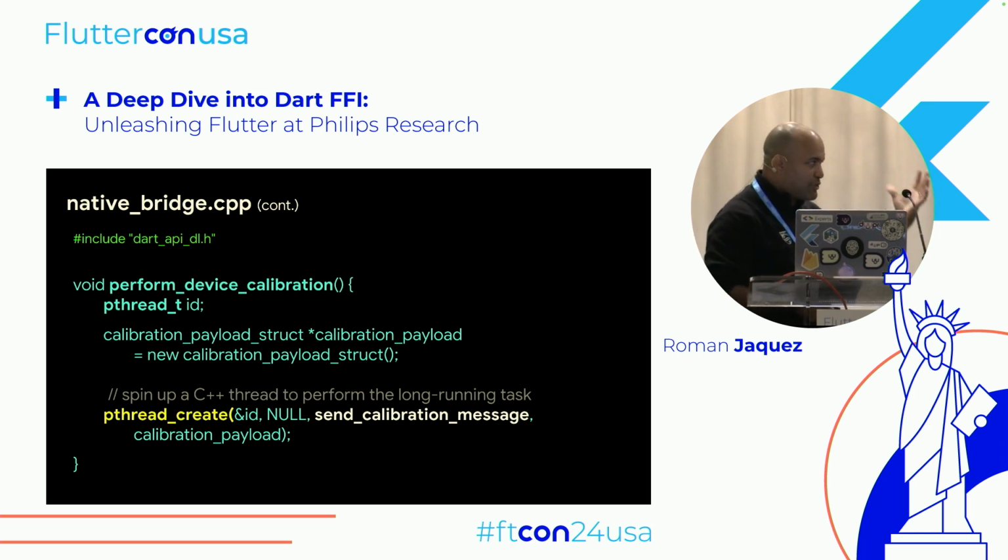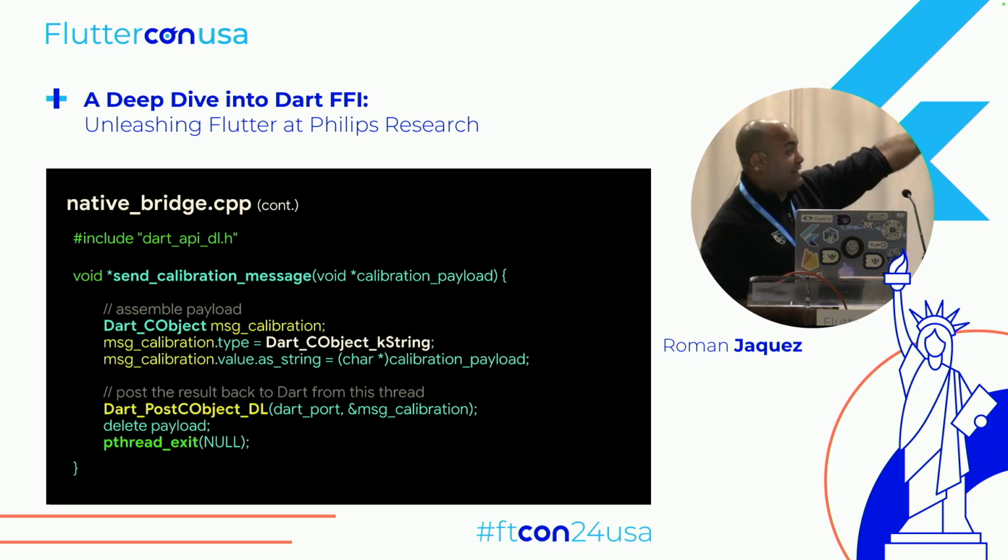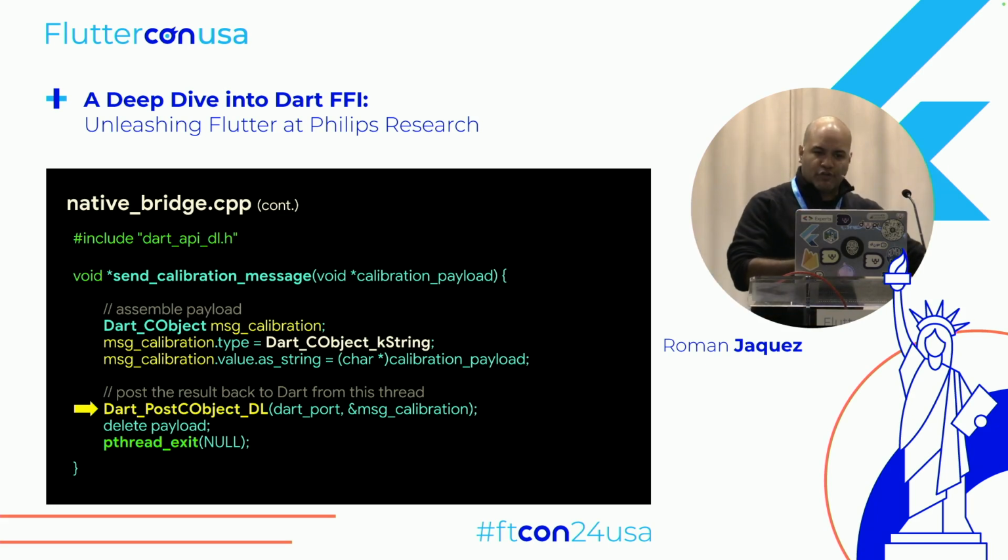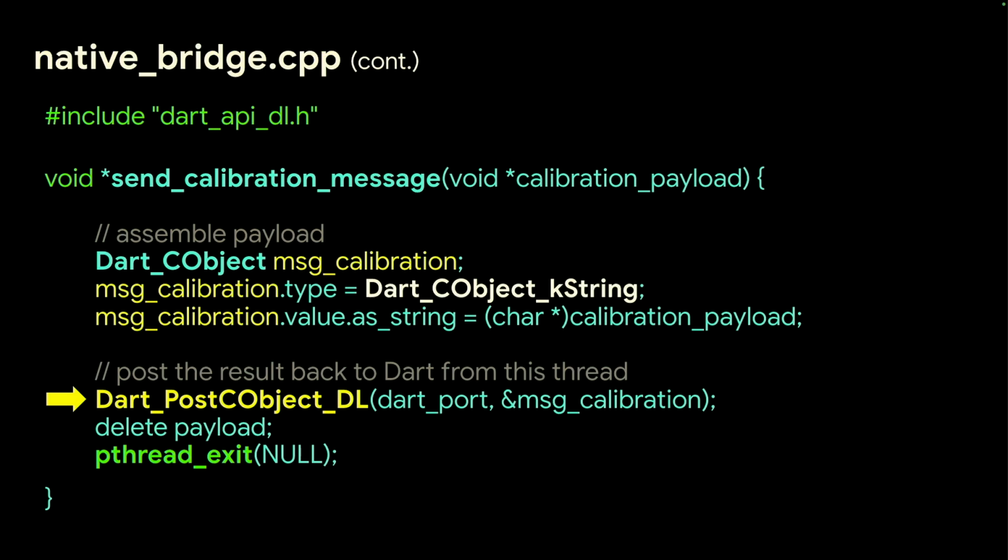You can spin up a C thread, and you perform that right there. And then when your operation completes, you can send it right up to Dart using the same operation that you've done before, using the Dart post C object. So after your computation finishes, you've prepared your response. You use the same constructs from Dart, and just send the message right up to Dart.